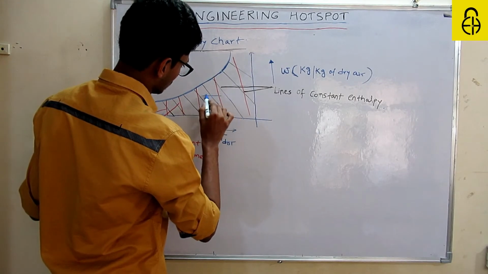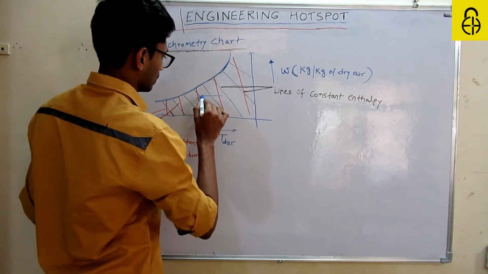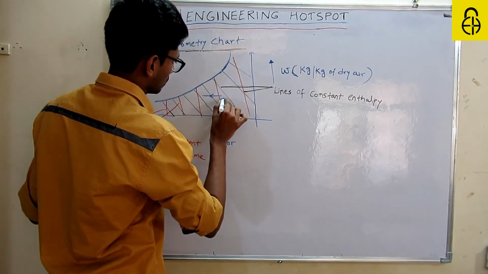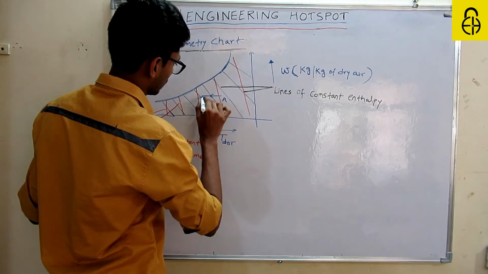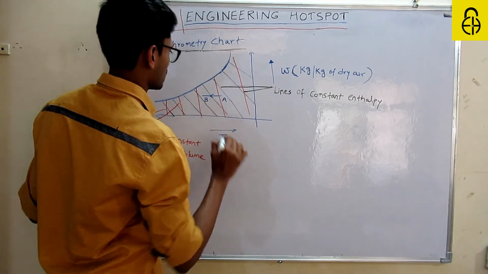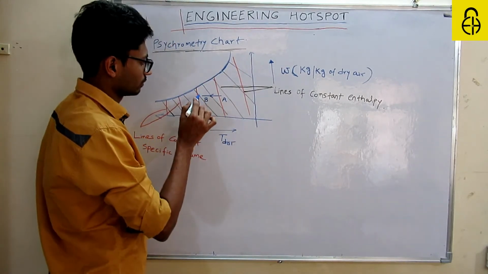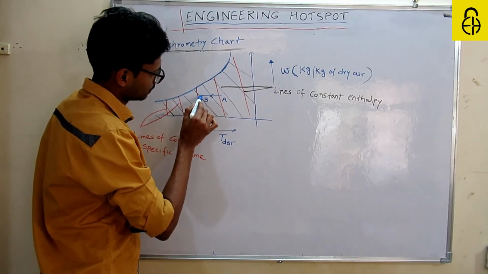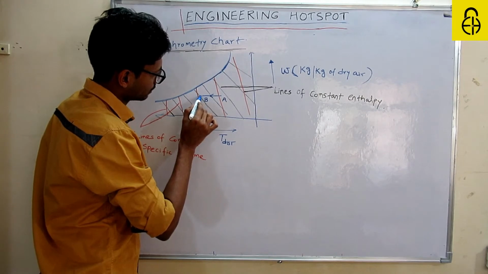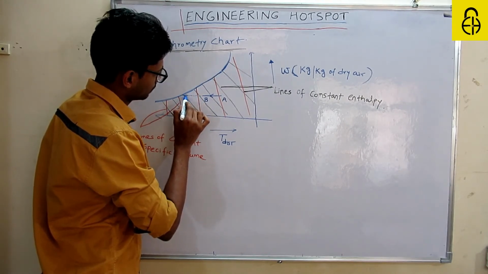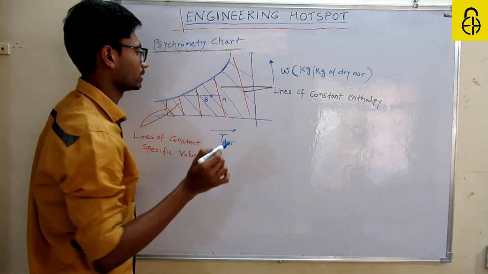Suppose this is a process going on from A to B, and you need to determine its DPT. What you will do is extend this line towards this curve.